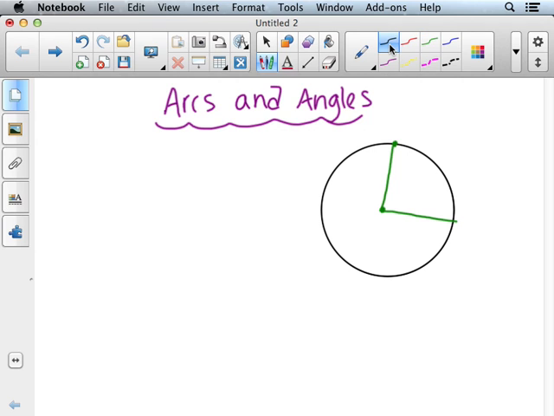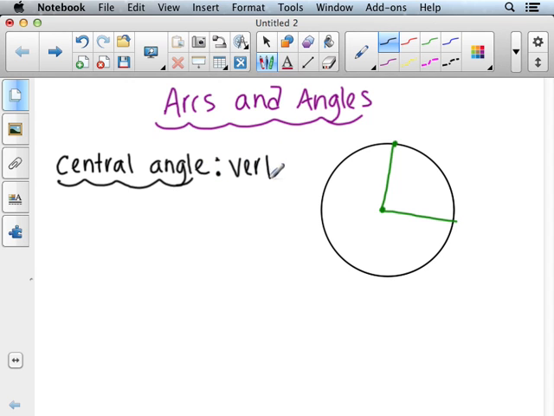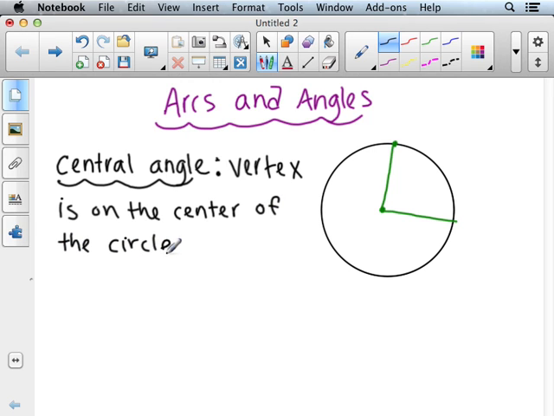So my first vocabulary word is central angle. And a central angle is really easy. It's just an angle that has its vertex on the center of the circle. So I'm going to say vertex is on the center of the circle. Okay, so here's a central angle.